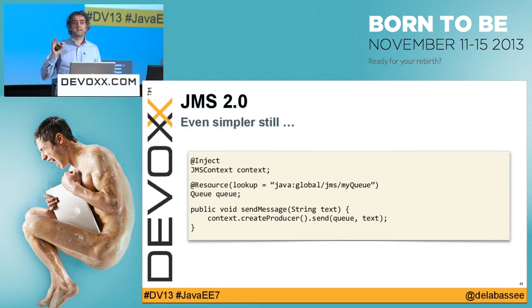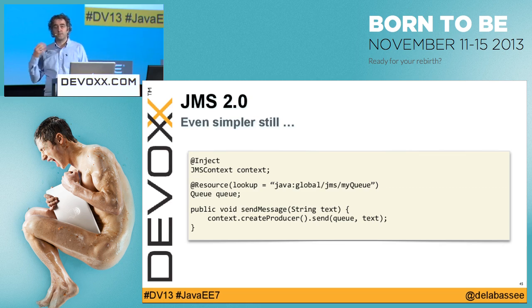So you clearly see that in terms of productivity, there is a huge gap between JMS 1.1 and JMS 2. If you have JMS 1.1 code, you can use the classic API, but keep in mind that the JMS 2 API is a lot simpler to use and way more productive. We have this JMS context object that handles the session and the connection for us.